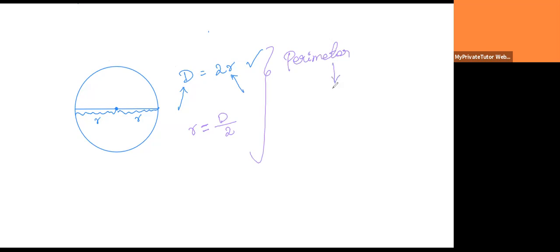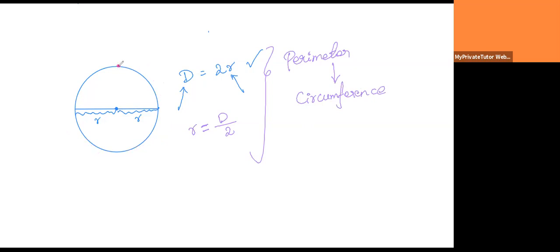Since it's a circular shape, instead of calling it perimeter, let's call it circumference. So circumference is also called the perimeter of a circle. Then what is circumference? The total distance around the circle.